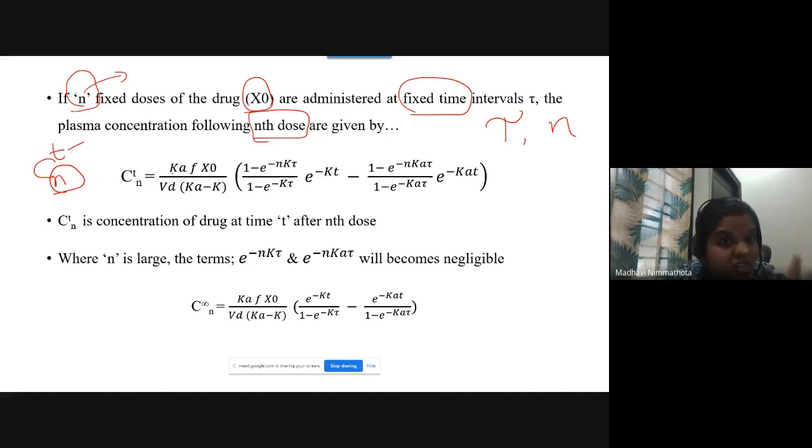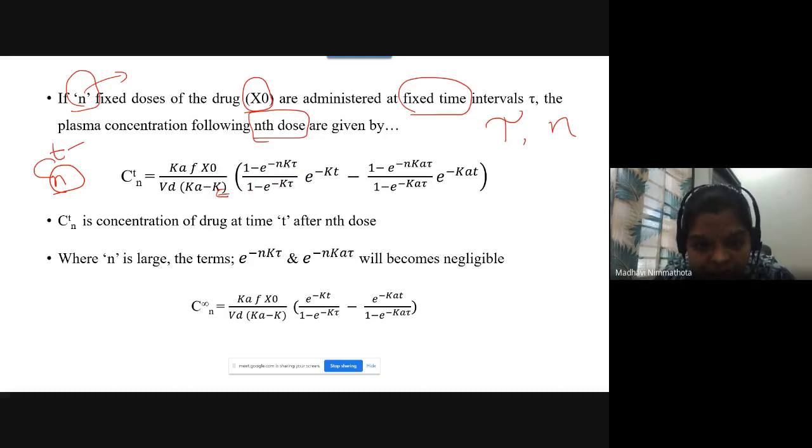So your equation is the same: Ka F of X naught divided by Vd into Ka minus Ke. But here you get some difference. Here you are taking n number of fixed doses: 1 minus e to the power of minus n K tau, divided by 1 minus e to the power of minus K tau.